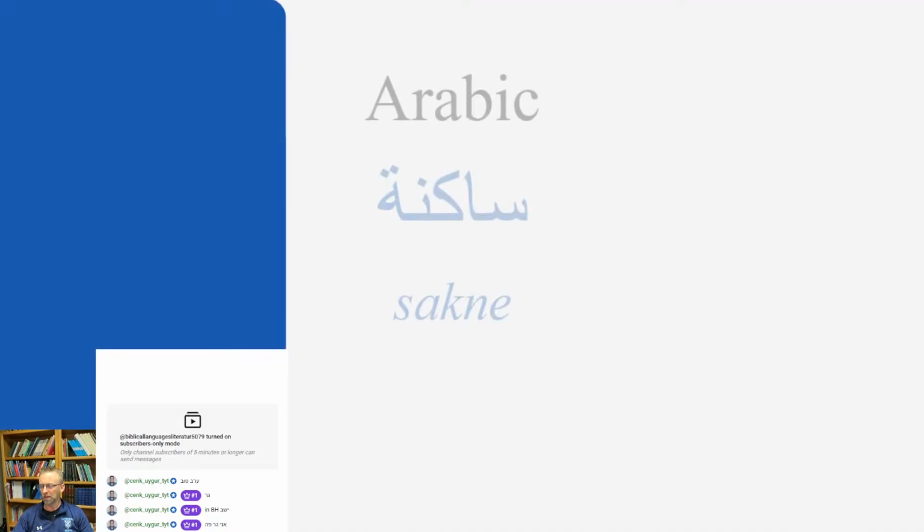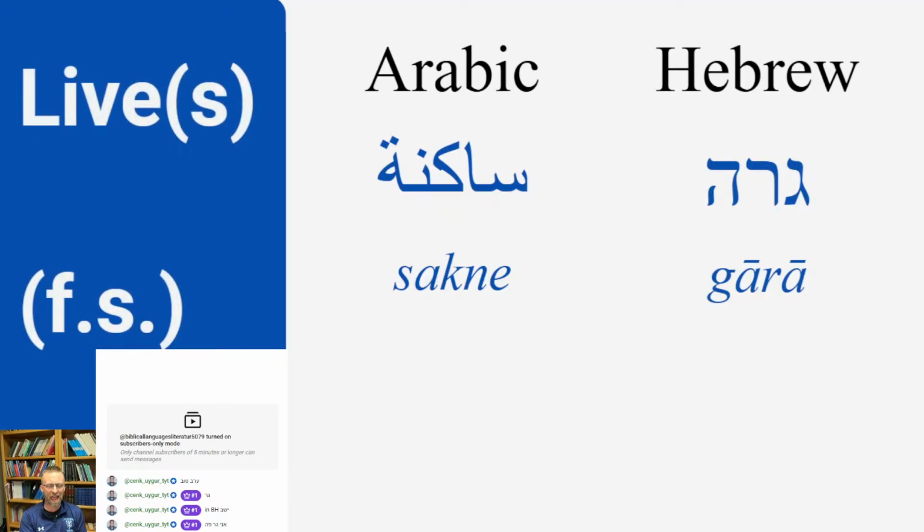Now, how would we say lives in the feminine singular? Think about what we have to do there to put it into the feminine singular. Spanish can help you out there a little bit because both of these languages are similar in this respect. So in Arabic, sakin becomes sakne.